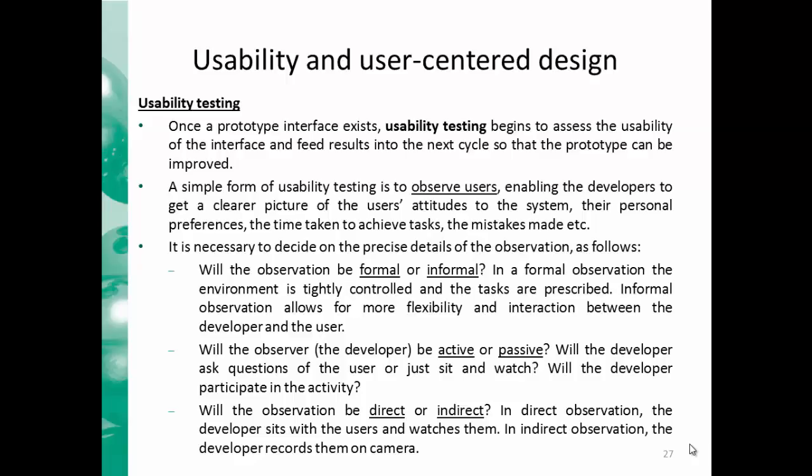The observation can be direct, where the observer is watching the user using the system, or indirect, by watching through a camera or watching the interaction later using a recording of that interaction.